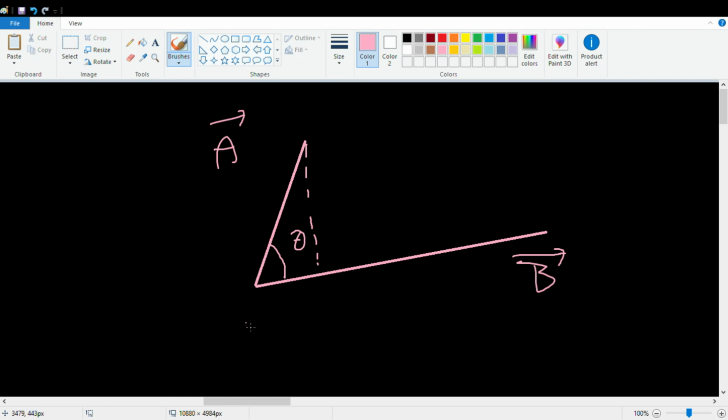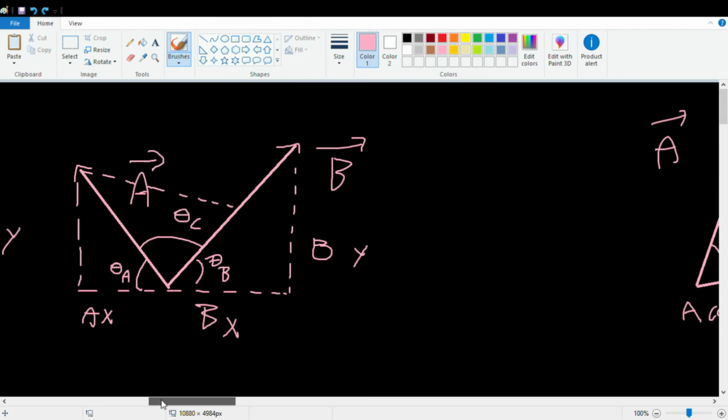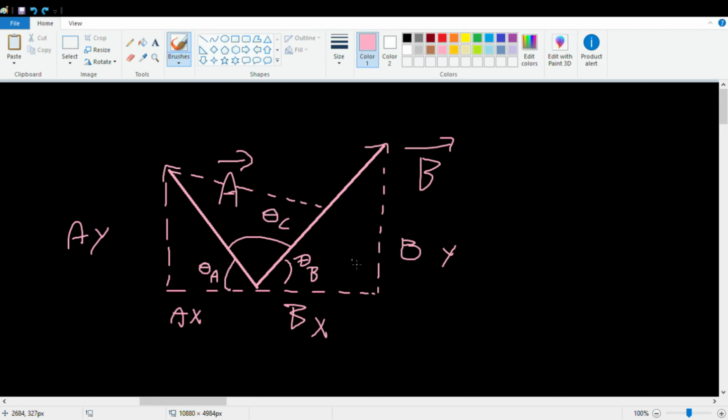This is a cosine theta for this side of the triangle right here. Obviously, right? And you see how this portion of the triangle in between this boundary is parallel to vector B. I just drew it on another picture because if I did it like this, that would be pretty hard to understand.